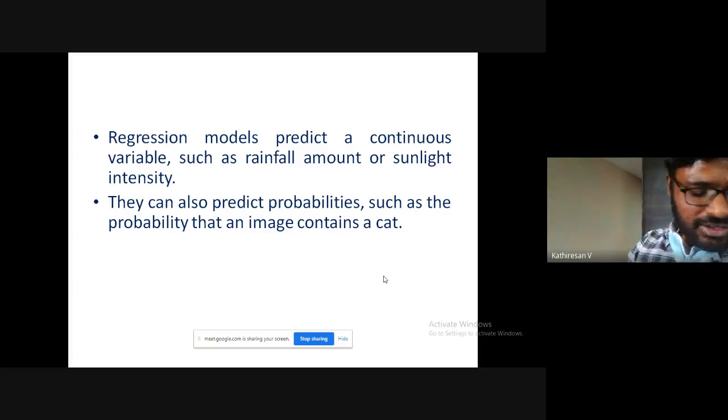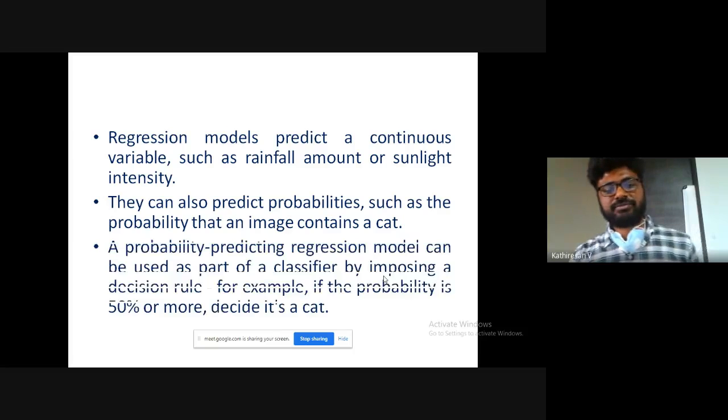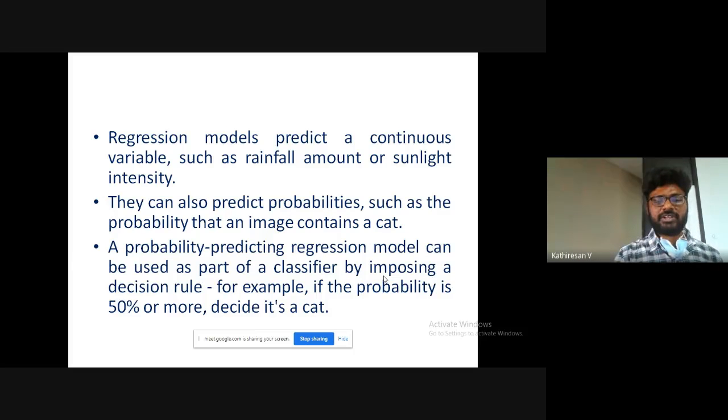You can ask a question like, what will be the answer if the probability is 0.49? 0.5 is yes, but 0.49 is no only. That problem we always have. So that's how this is working. Say for example, a probability-predicting regression model can be used as part of a classifier by imposing a decision rule.